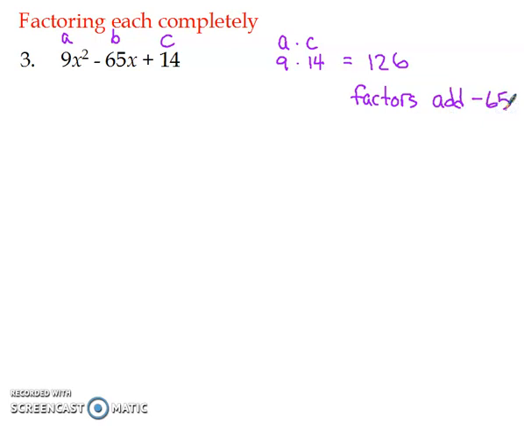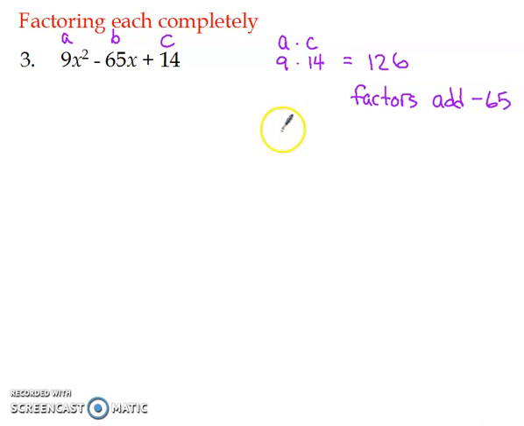Now 126 is a positive number, so the two factors that multiply to be a positive number have to have the same signs. And when I add those numbers, I get a negative number, negative 65. Therefore, our two factors have to be two negative numbers.